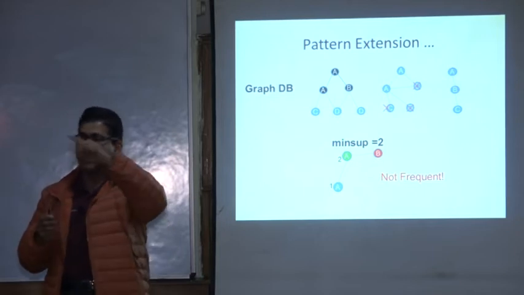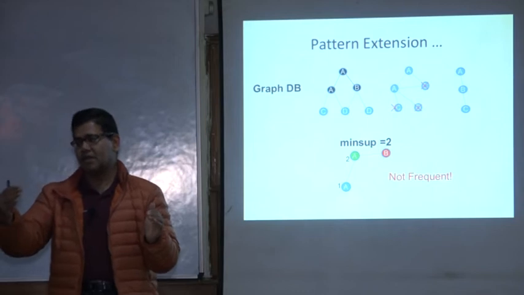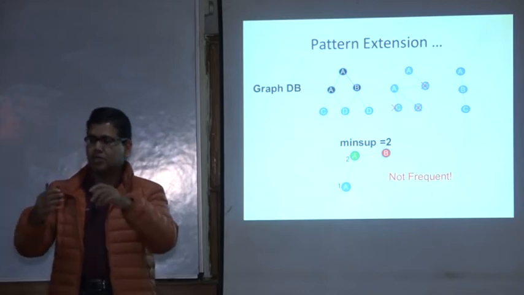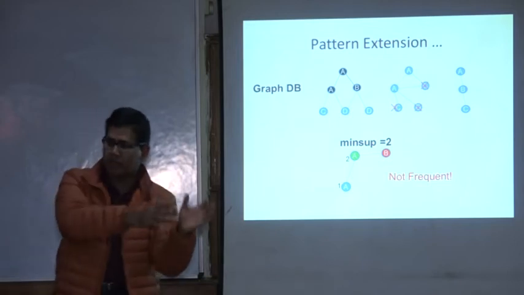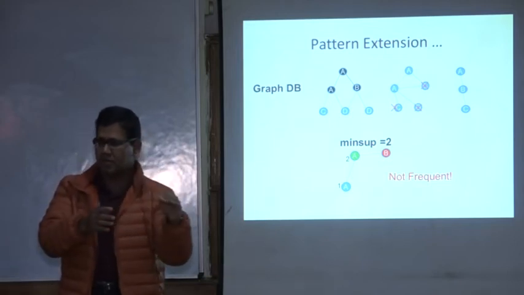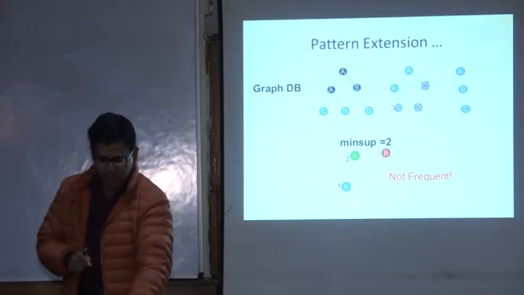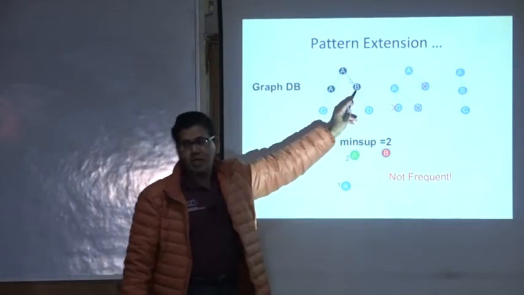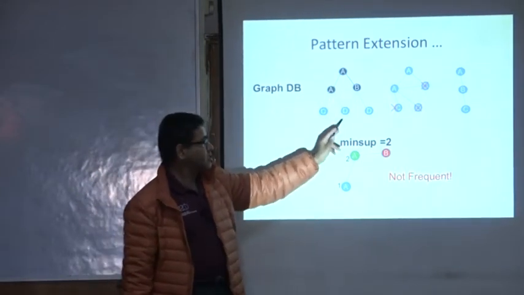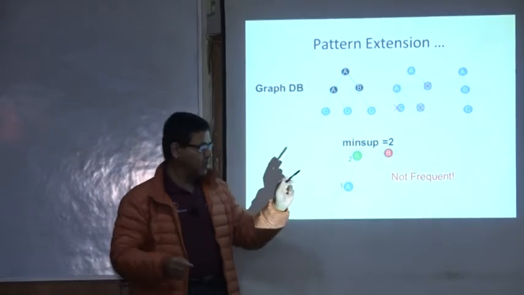You look at the neighborhood of the embedding you already have, and see whether there's a B in that neighborhood. This way I don't have to redo the whole computation each and every time. In this case, the one from this A can be extended, but from that A there is no B. So now you'll find only one embedding.